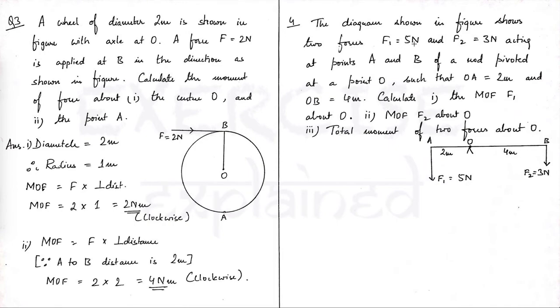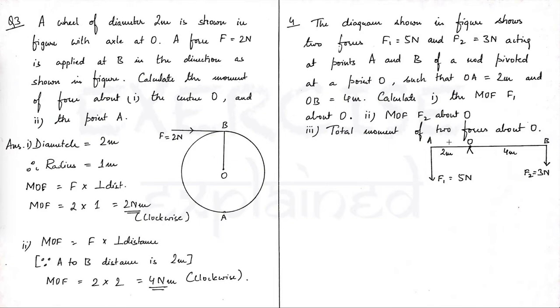F1 is equal to 5 Newton, the force at A, and F2 is equal to 3 Newton, the force at B, acting at points A and B. So here are 2 points, one point is A and another point is B, of a rod pivoted at a point O, such that OA is equal to 2 meters.